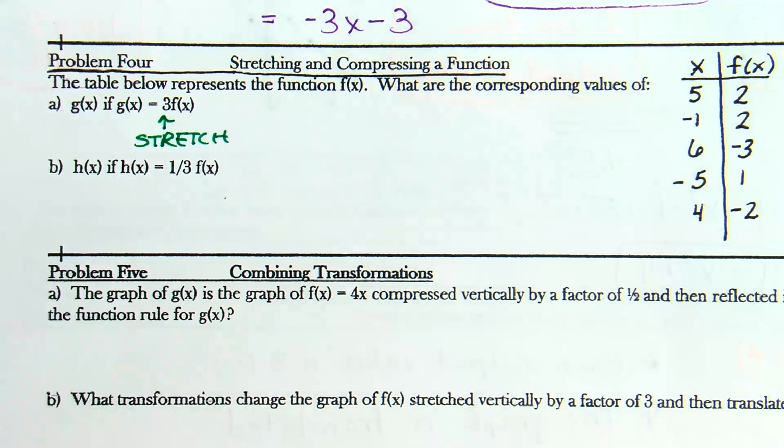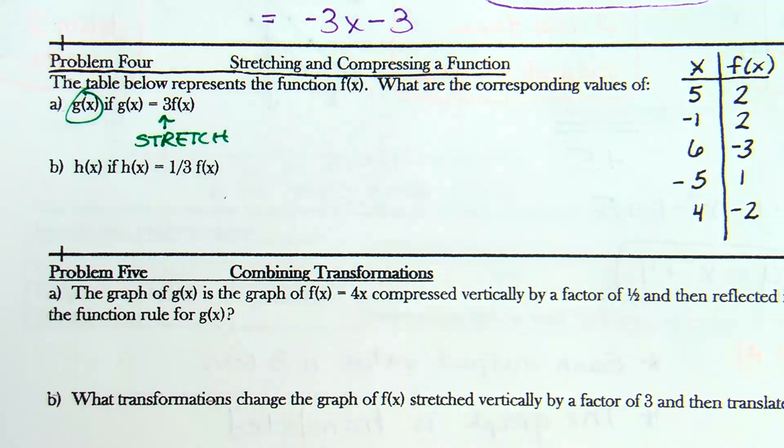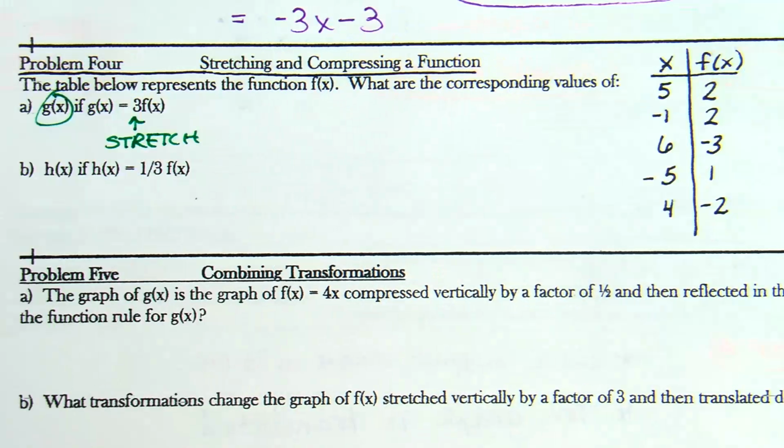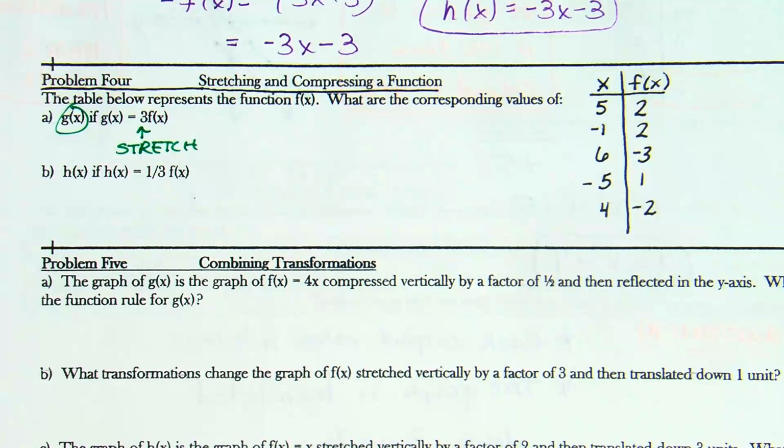But before I do that, what is it I'm going to multiply by 3, you think? If we're trying to do a stretch, and it says 3 times f of x, what are we multiplying?